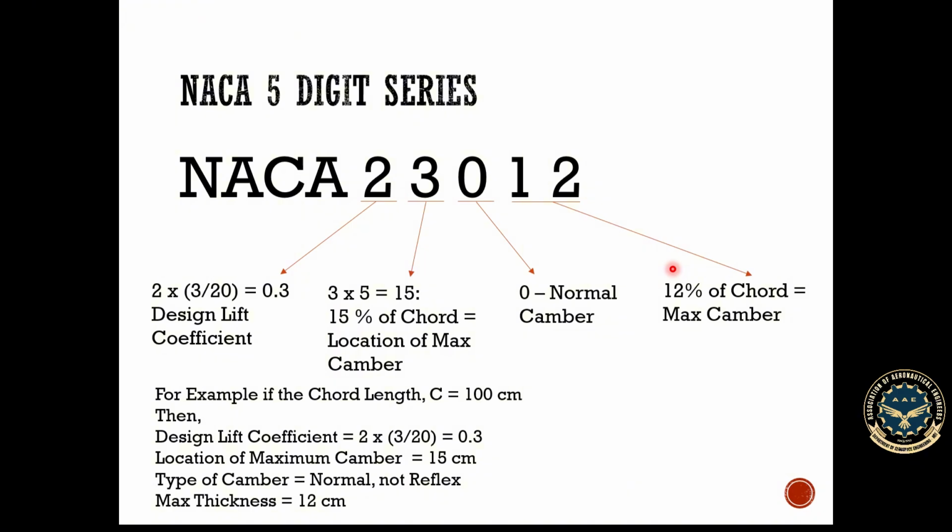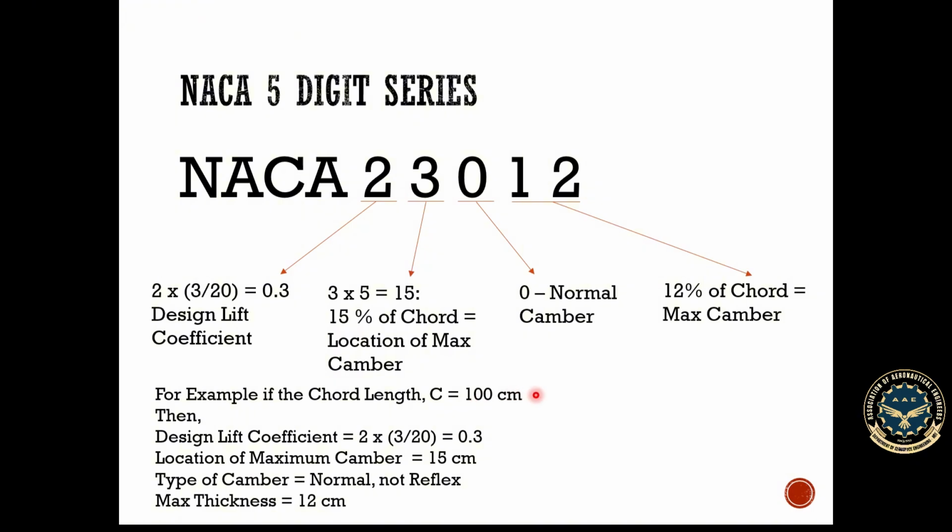So here 3 multiplied by 5 is 15. So 15% of chord is the location of maximum camber. And then 0 tells that it's a normal camber, not a reflex camber. The last two digits are 12, so 12% of chord is the maximum thickness.